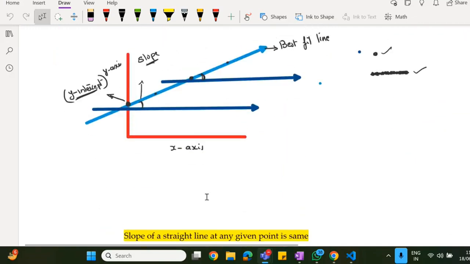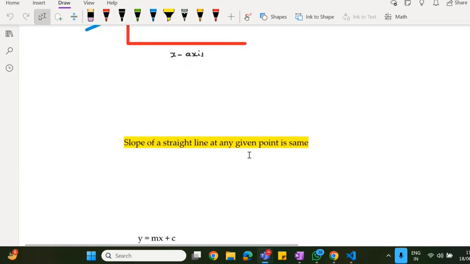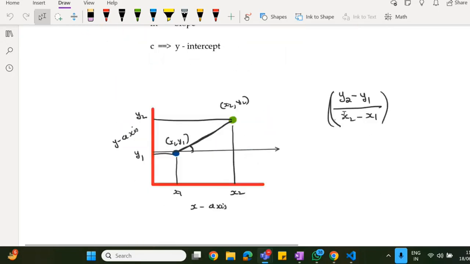The point at which the line crosses the y-axis is called the y-intercept, and the slope is the angle at which the line is inclining. The equation of the slope is (y2 minus y1) divided by (x2 minus x1) when dealing with two points.